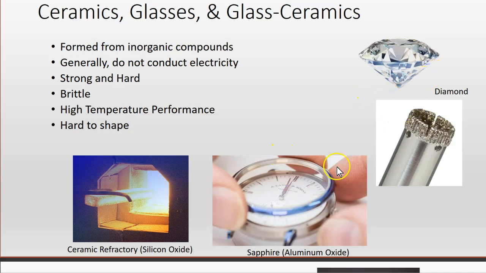We can see some applications here of some ceramic materials. We have naturally occurring diamond, which can be used to make cutting tools, such as drills. Here, a sapphire crystal is used as a watch glass because it is highly scratch resistant. This furnace is lined with a ceramic refractory.